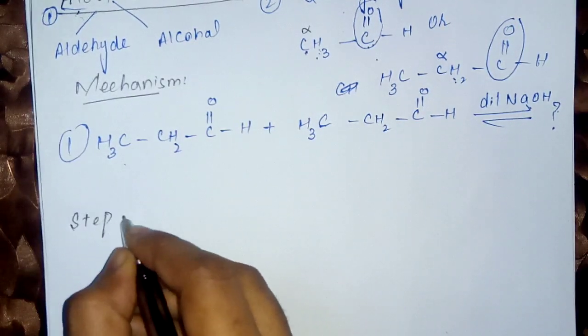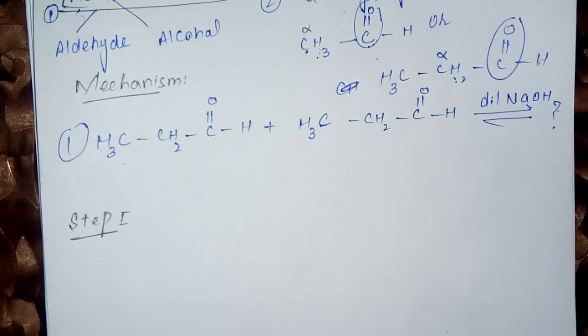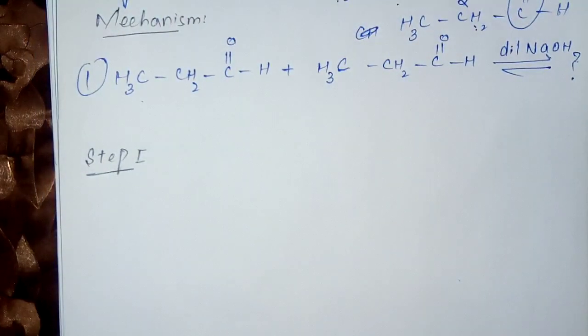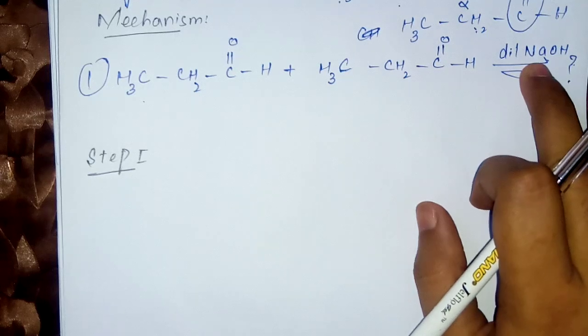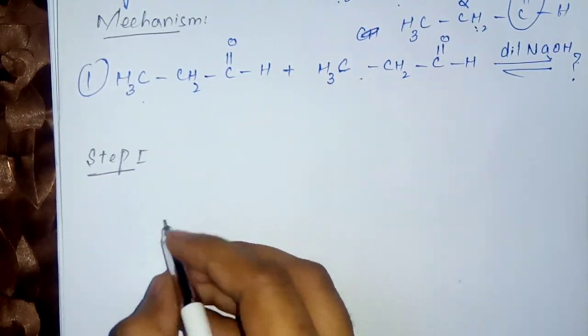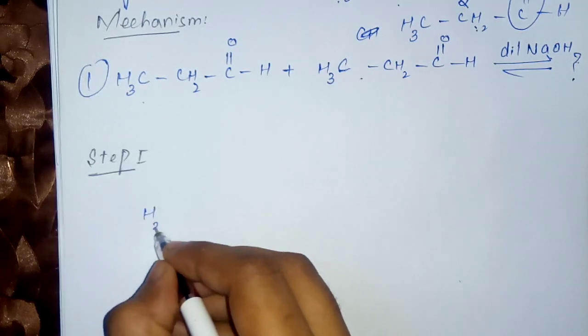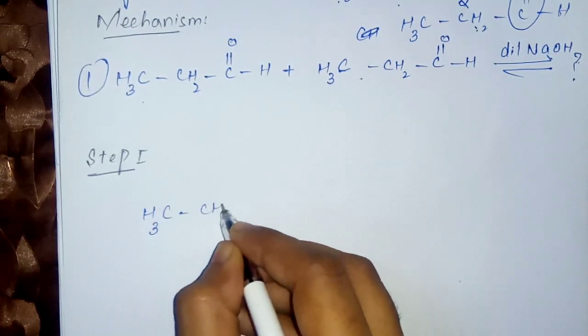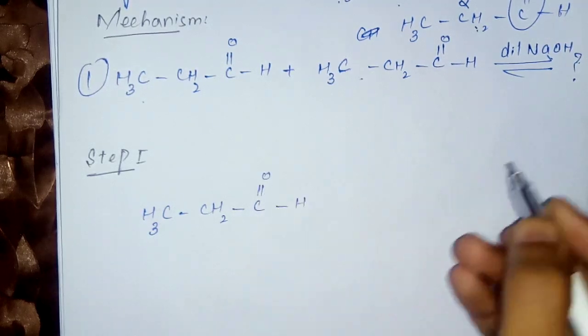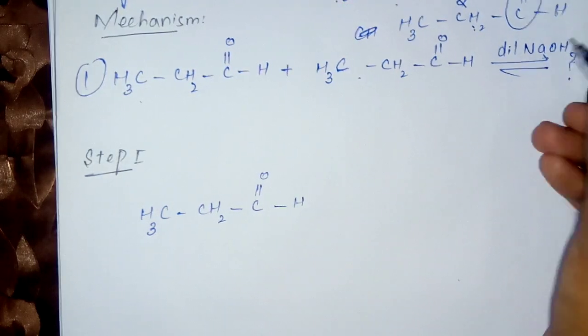Step 1. We have two molecules of propanol and also the dilute sodium hydroxide. In the first step, what will happen? One molecule of propanol I can write here.